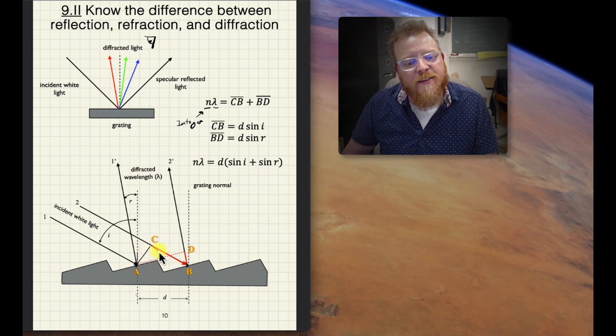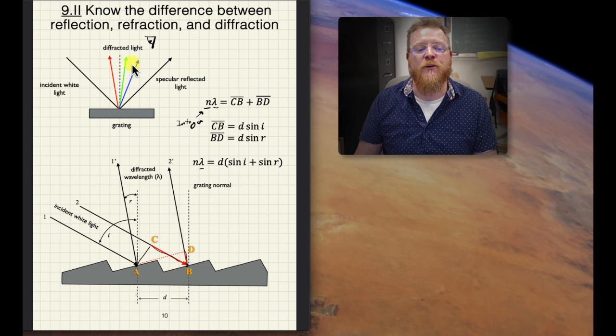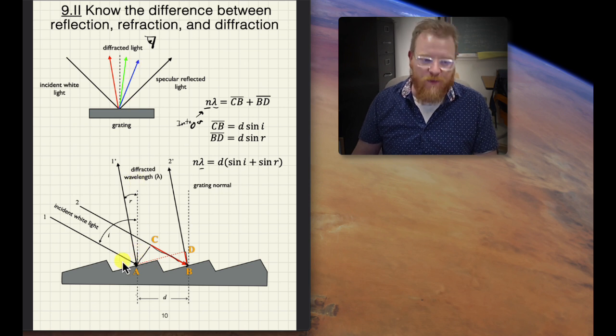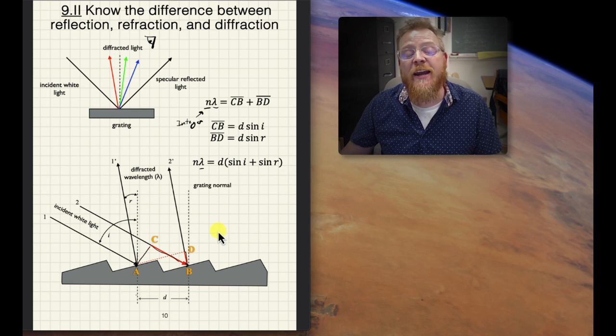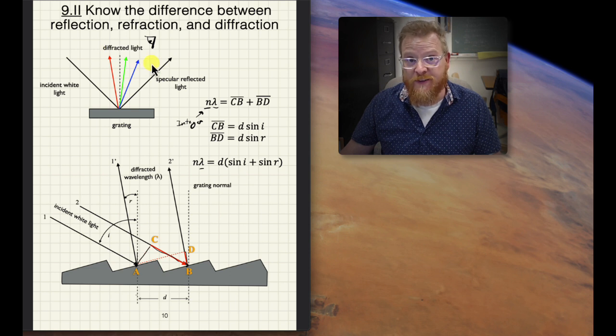This length CB to BD must be some integer wavelength. Solving through these equations, we can see how we get different colors based on a different angle of incidence. We typically take advantage of this in visible spectroscopy, where we want to separate different wavelengths of light to record a spectrum.